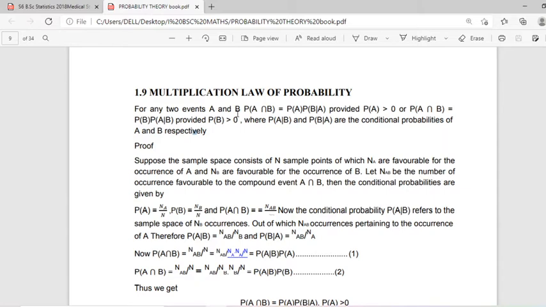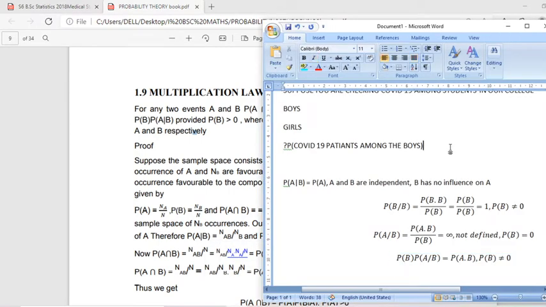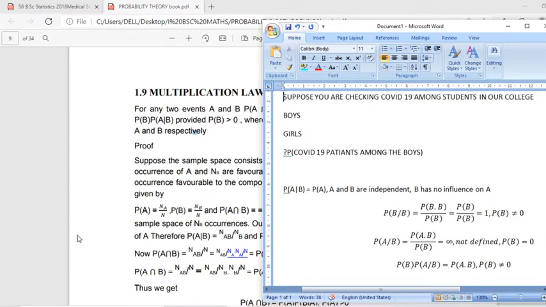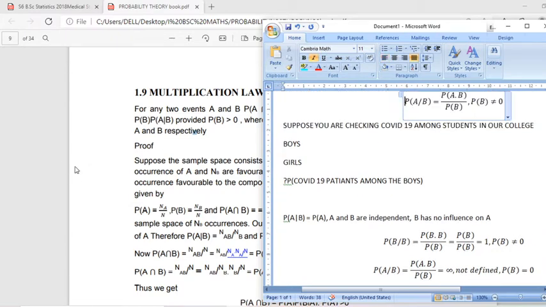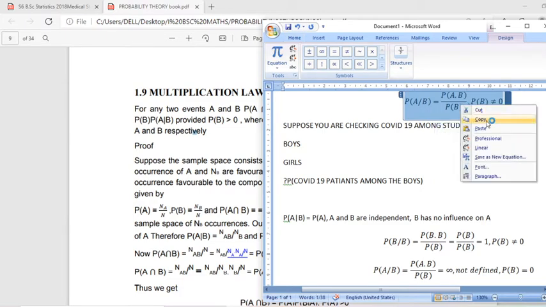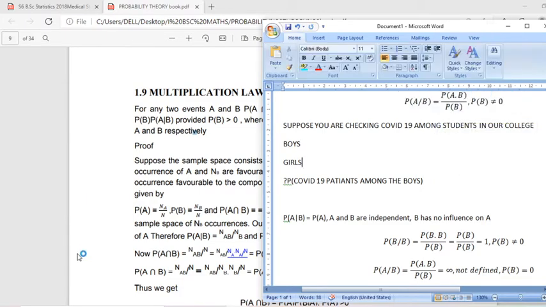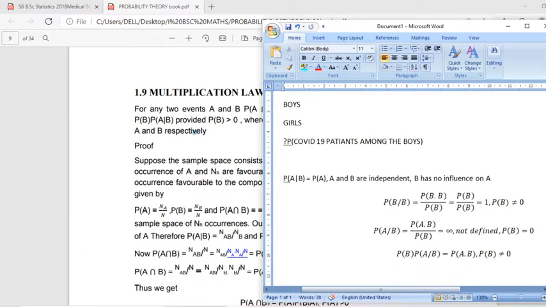For any two events A and B, probability of A intersection B is equal to probability of A into probability of B given A, or probability of B into probability of A given B, because instead of considering B, we can consider A, so that the formula will be like this.